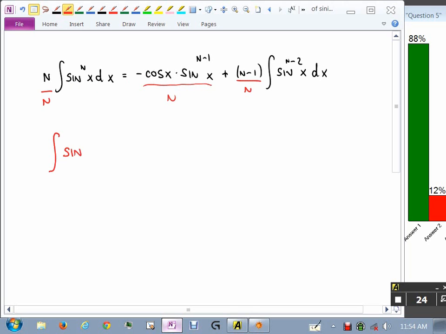I'll be left with sine to the n x dx equals, I don't like that n down there, I'm just going to write negative 1 over n cosine x sine to the n minus 1 x plus n minus 1 over n integral sine to the n minus 2 of x dx. And believe it or not, we are done.